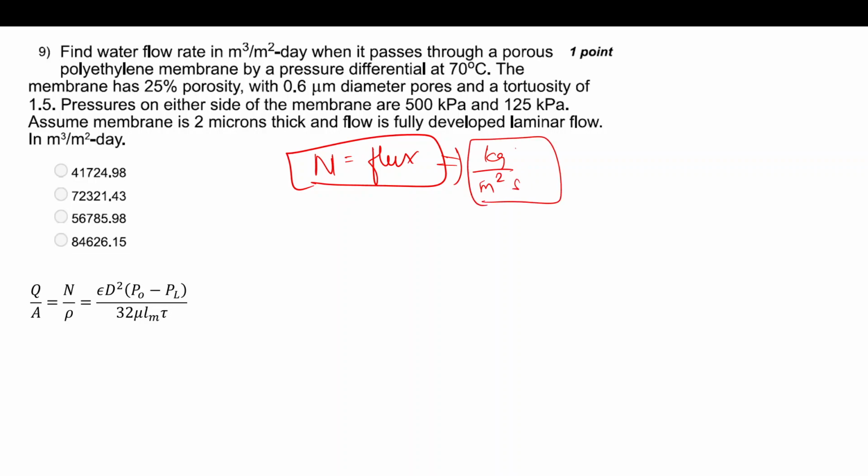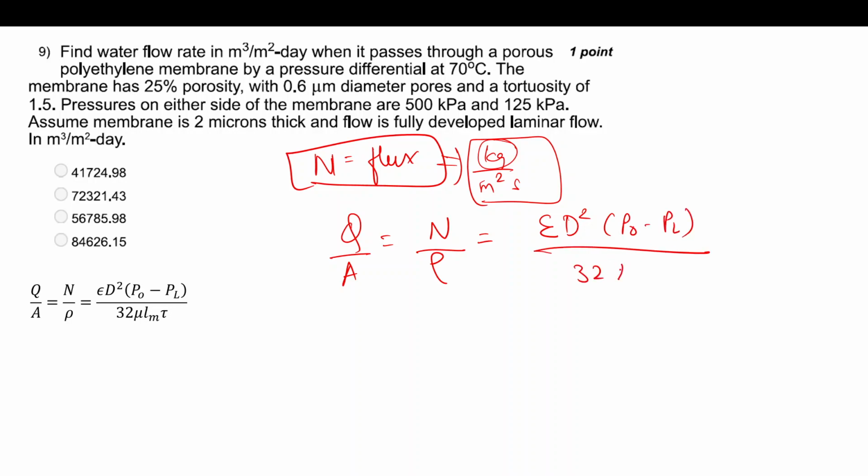If you want this as a flow rate, you need to divide this flux by density. So to find the flow rate per unit area, you need to calculate N by rho. That formula comes out to be epsilon d square (P naught minus PL) over 32 mu Lm tau.